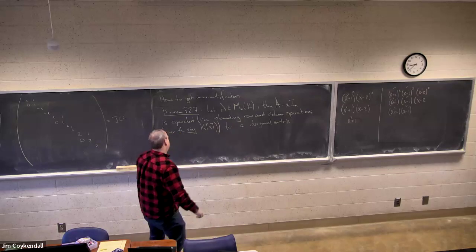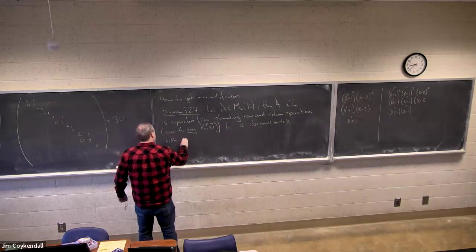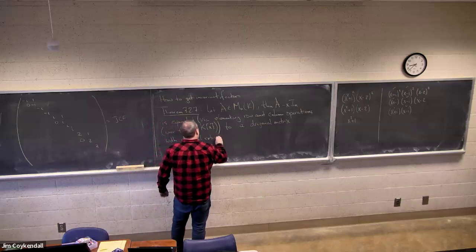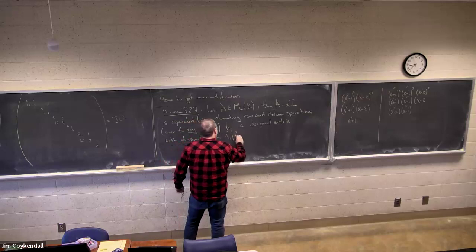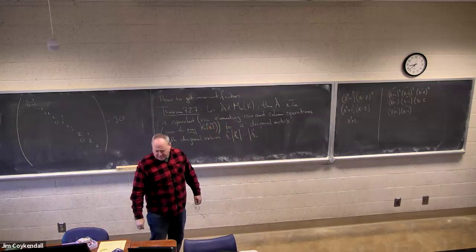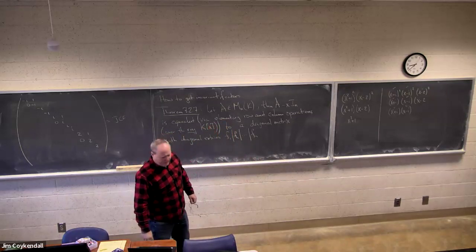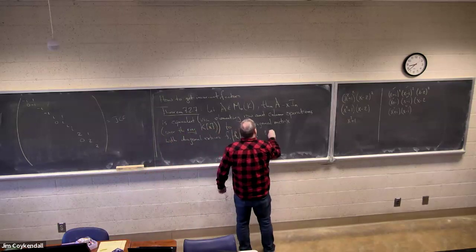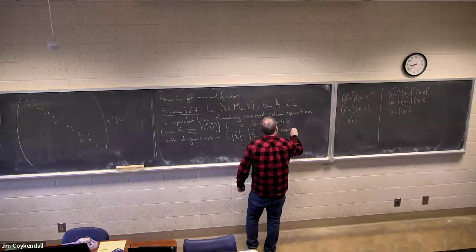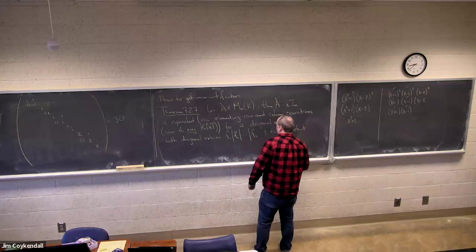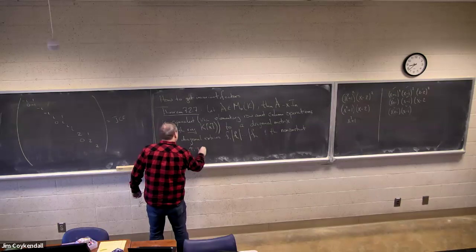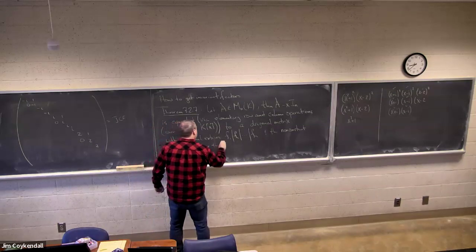With diagonal entries f1 dividing f2 dividing up to fn. And the non-constant fi's are the invariant factors.